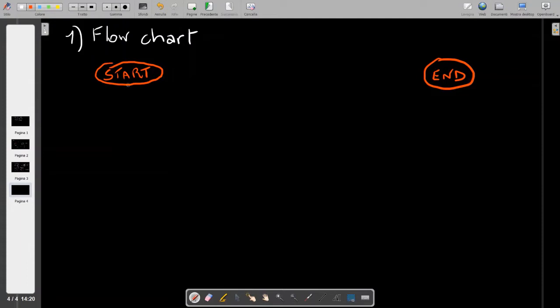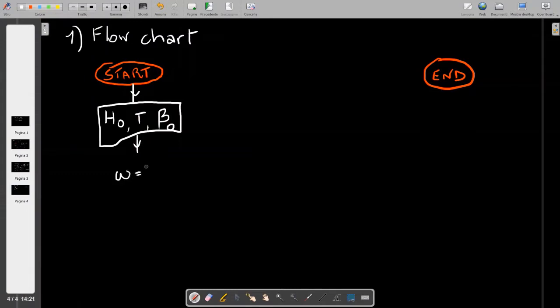So we need to start somewhere and we must end somewhere else. Then, first of all, we need to get the value of HO, the wave period, and the wave direction at the offshore location. So this is a kind of parameter acquisition. Then we need to perform some computation.